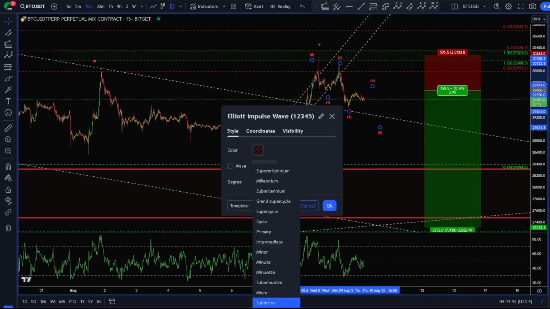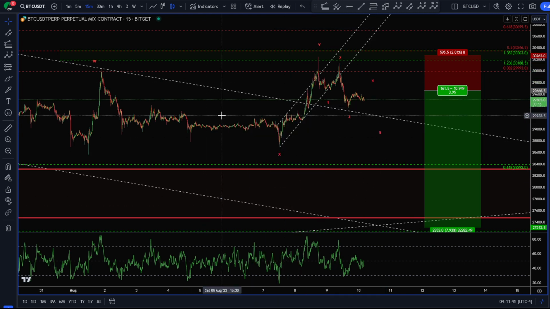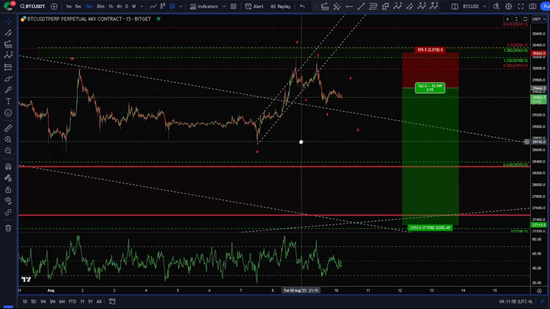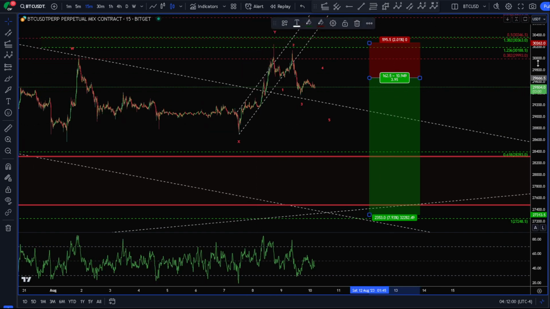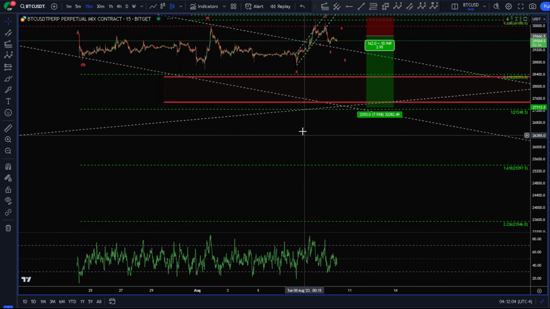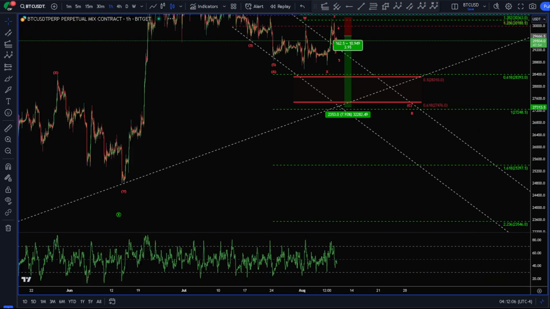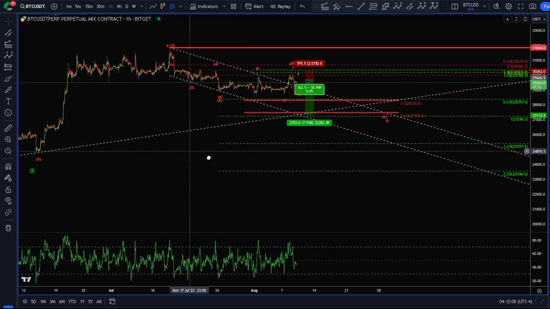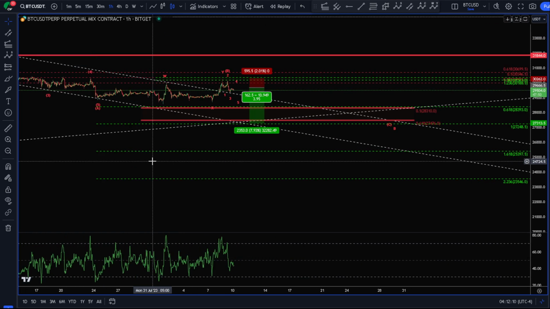So we'll see if we get that, because as you can see, we still technically have not invalidated this as a 1, 2, 3, 4, 5 wave. So we're just waiting for that to take our second entry. So that would be my suggestion, and should be a pretty nice trade once we get it. So that's what I'm doing with Bitcoin.